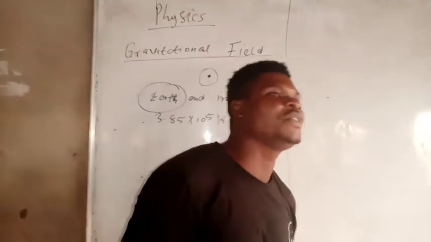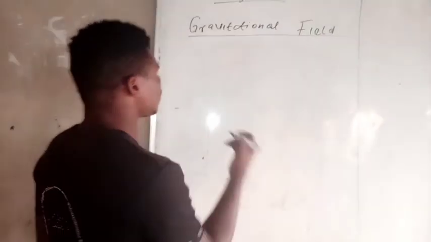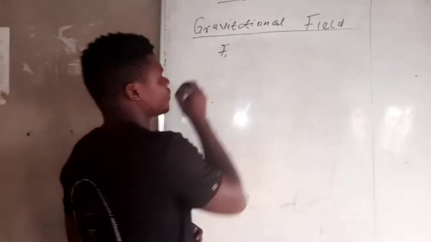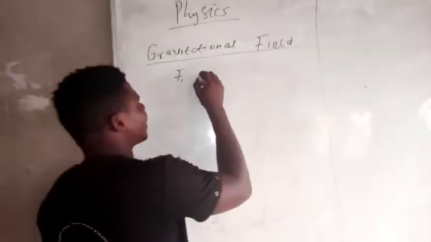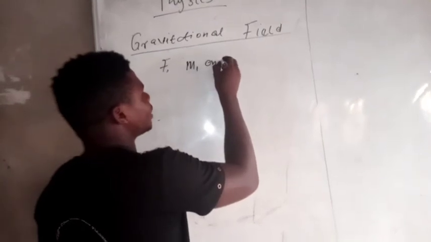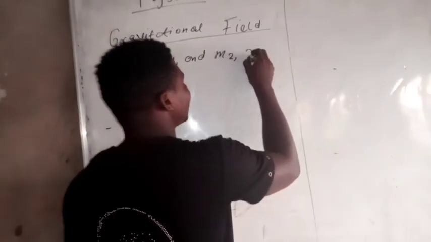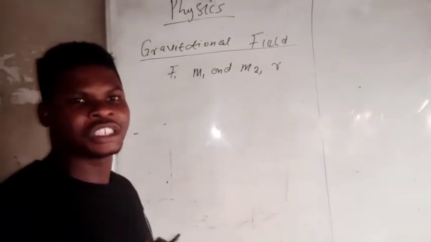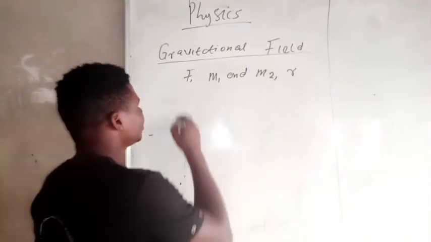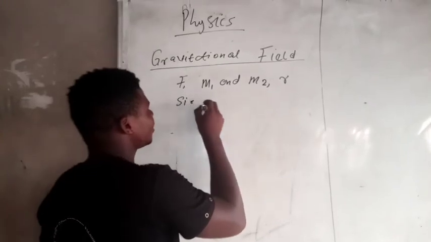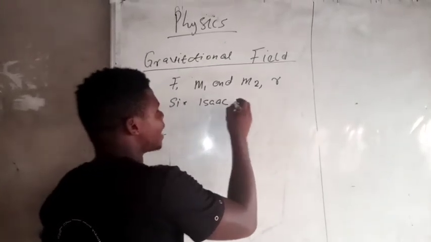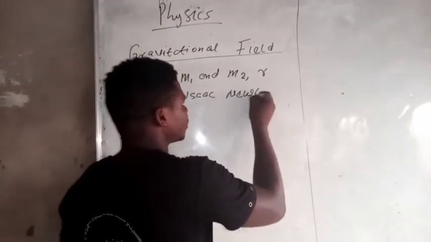The gravitational force, let's say F, between two masses, M1 and M2, separated by a distance R, was proposed by a scientist known as Sir Isaac Newton.